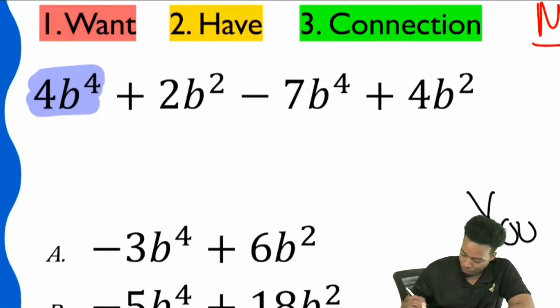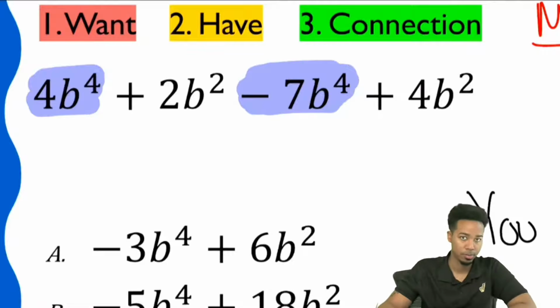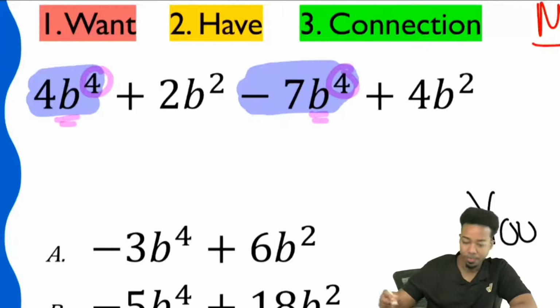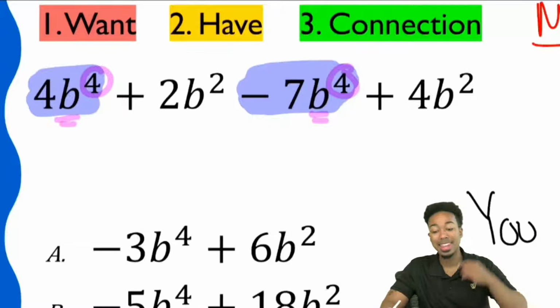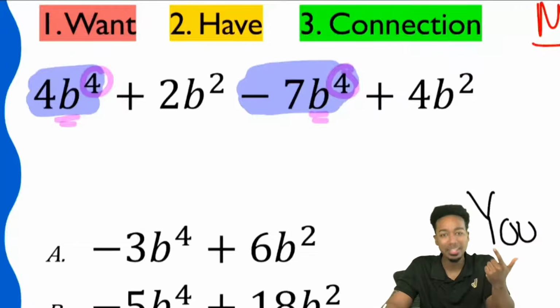4b to the power of 4 and the negative or minus 7b to the power of 4, those are like terms. Those are because we have the same b and we have the same exponent, the 4 right there. That's what makes these like terms. They have the same variables, letters, and the same exponents.